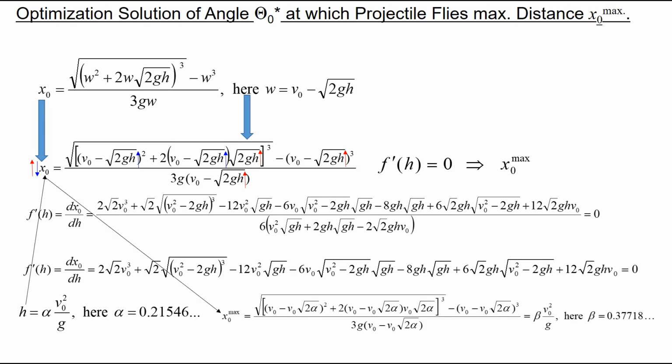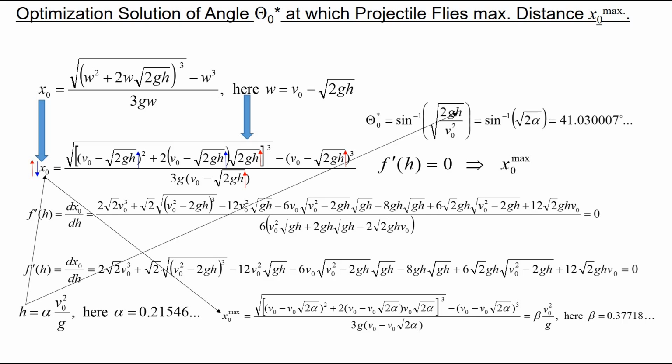We found the solution maximum distance, but as previously stated, all ballistic motion is a multivariable calculus problem solved from the initial angle perspective. To find the angle at which the maximum distance condition is satisfied, we must insert h value into the arcsine function, and the result is 41 degrees.